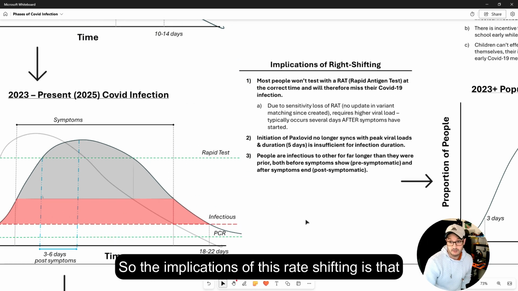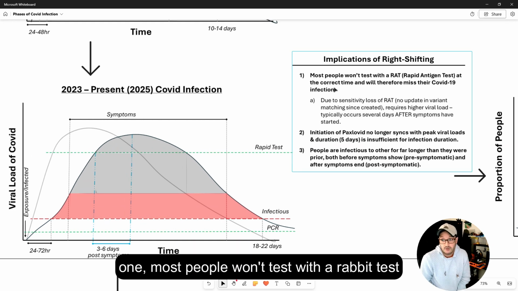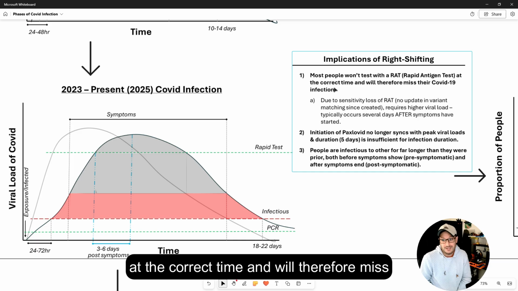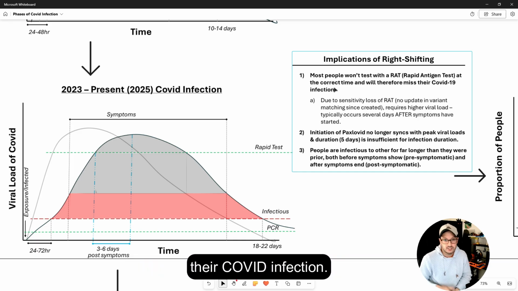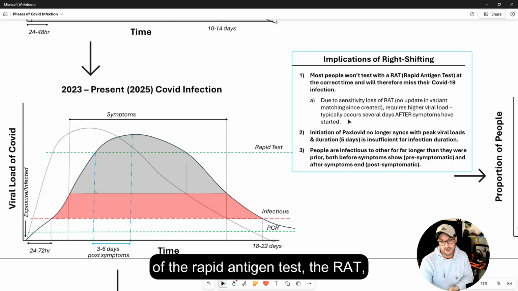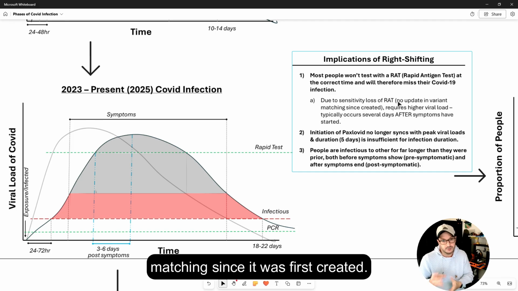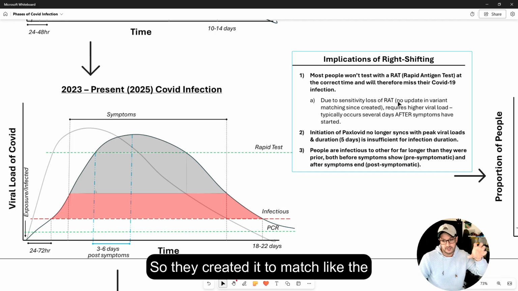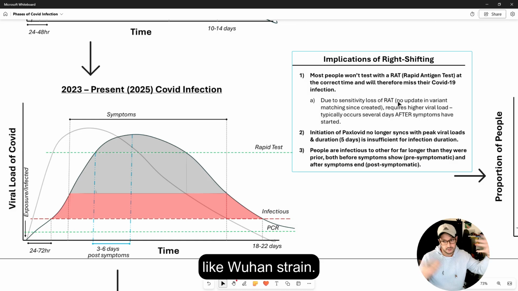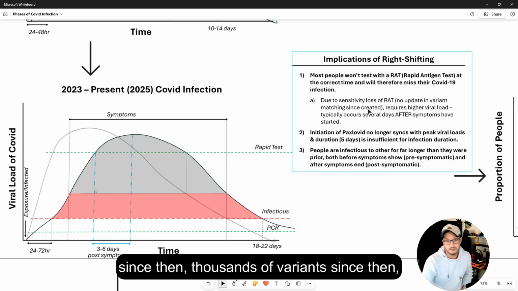The implications of this rate shifting are, one, most people won't test with a rapid test at the correct time and will therefore miss their COVID infection. That scenario I already brought up. And then, due to the sensitivity loss of the rapid antigen test, the RAT, there has been no update in variant matching since it was first created. They created it to match the original Wuhan strain of COVID, but we've had many, many variants since then, thousands of variants.